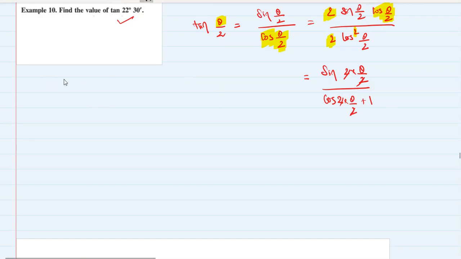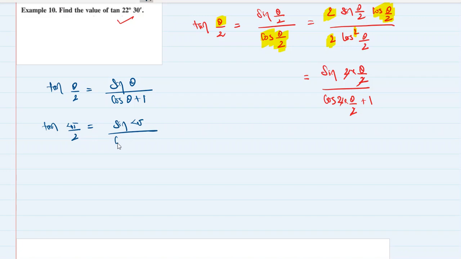What is the solution? Let me write it as tan theta by 2 is equal to sin theta upon cos theta plus 1. This is the formula we derived, right? So tan of 45/2 is equal to sin 45 upon cos 45 plus 1.